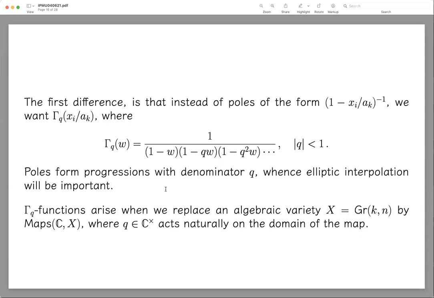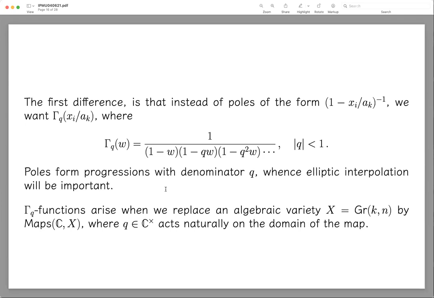And also, the way to very quickly explain the need for the q-gamma functions for people who've never seen them is that if instead of doing K-theory of some variety X, I do K-theory of polynomial maps from C to X, a space of polynomials with values in X, then of course I have all these coefficients in different powers.